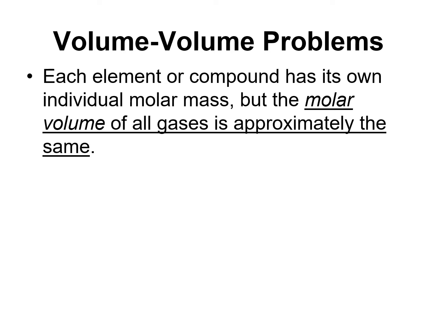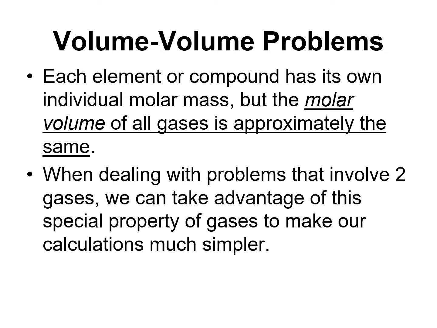Each element or compound has its own individual molar mass, but all gases at STP have approximately the same volume. So, when dealing with problems that involve two gases, we can take advantage of this special property of gases and actually make our calculation a little bit simpler than a mass-to-mass problem.